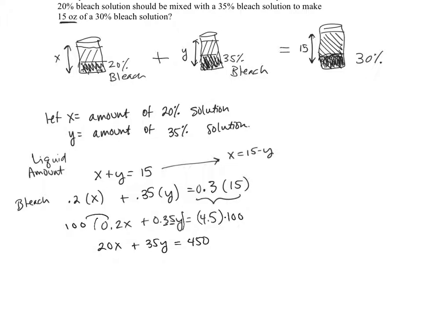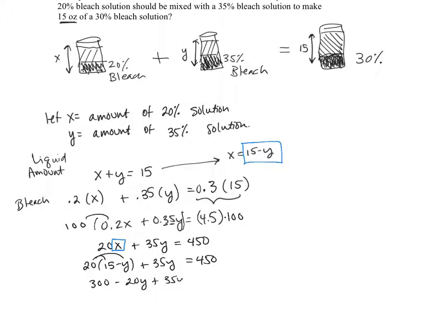Okay, good. Now we can use substitution. So I'm going to substitute the value for x of 15 minus y. That's going to go right in here. So I get 20 times (15 minus y) plus 35y is equal to 450. Distributing my 20, I get 300 minus 20y plus 35y is equal to 450.